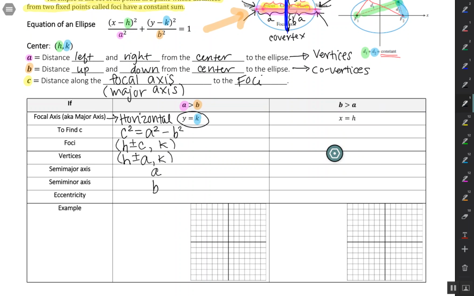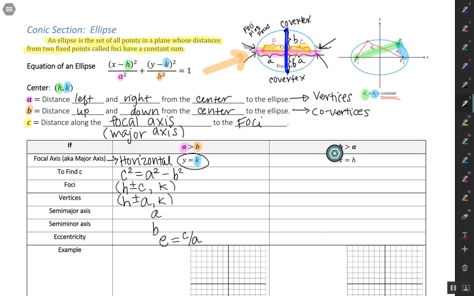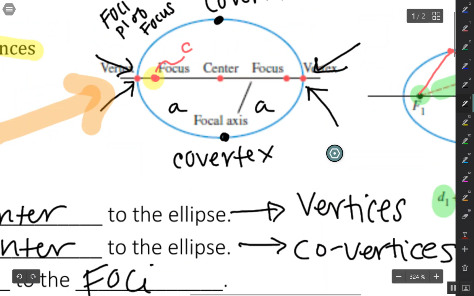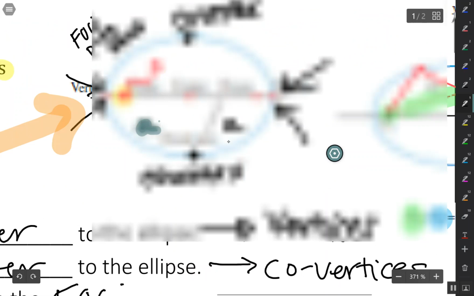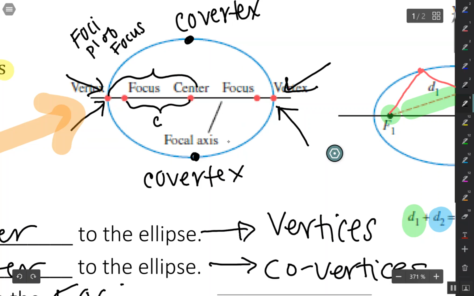Okay, so eccentricity is a ratio. We use a letter e, it's not the number e. It's the ratio of c to a. Remember that c, I'm going to clear some of this stuff out because it's getting a little crazy in this picture. c is the distance right here. a is this distance right here.